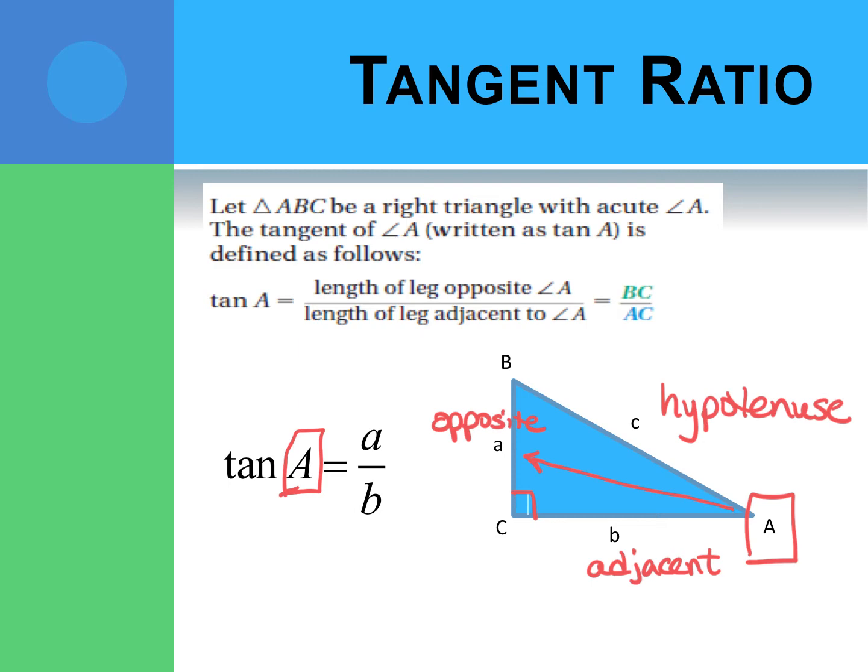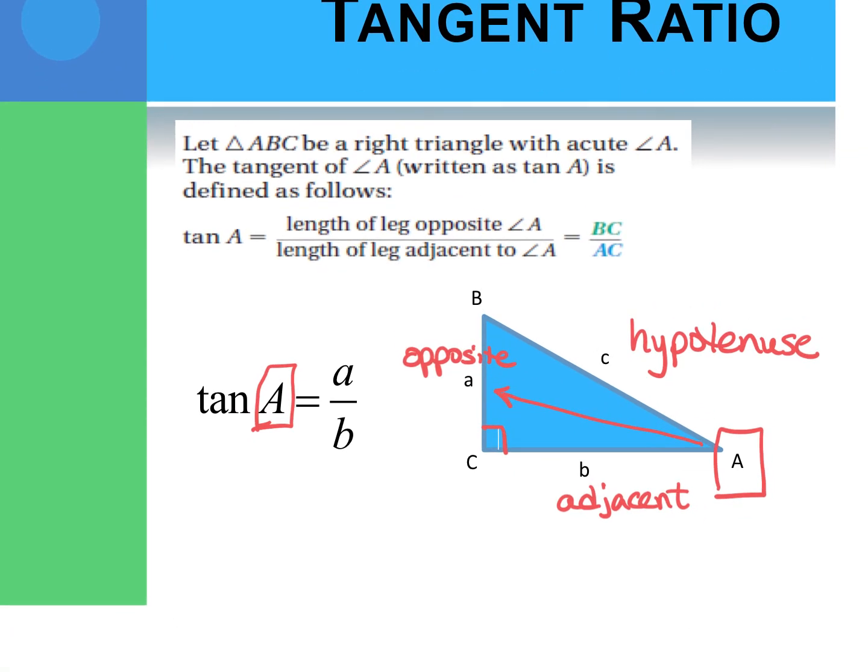Now also, when you're labeling your triangle, notice the angle measures all have capital letters. The sides directly across from them or opposite them are the lowercase letter of that angle. So angle A, then the side opposite to it is lowercase a. When you have angle B, the side opposite to that will be lowercase b.